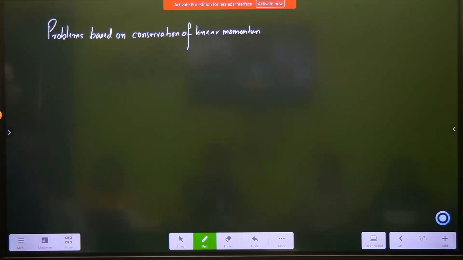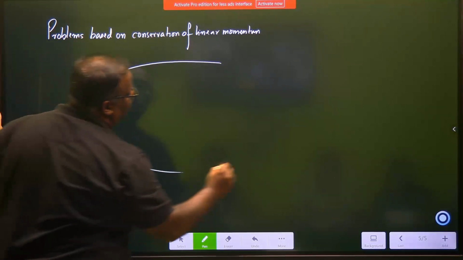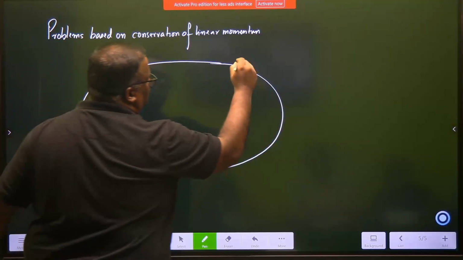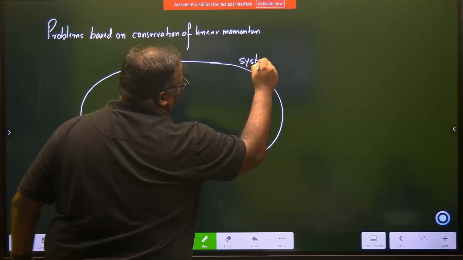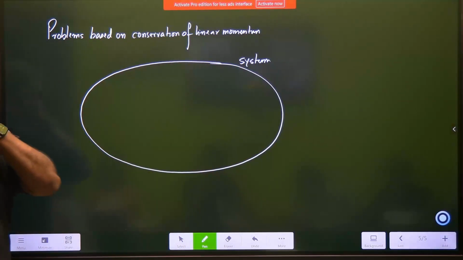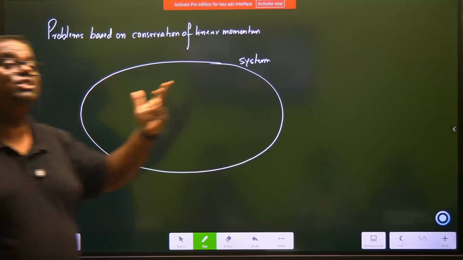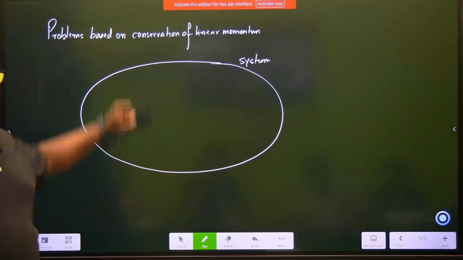So how do these problems happen? For these problems to happen, we have to consider what is known as a system. Every problem can be brought into this analogy. First, understand what is the analogy. In the problem, these will not be there. They will say a truck collides with a car. So we have a system.